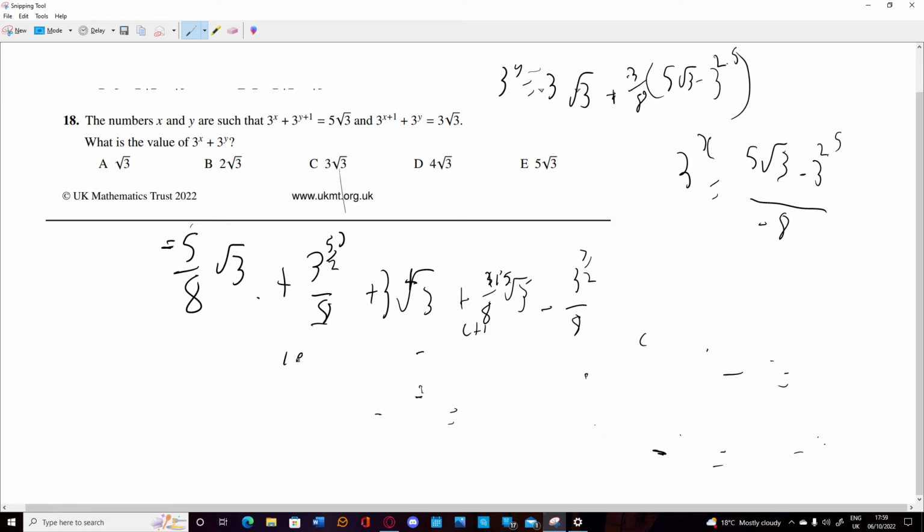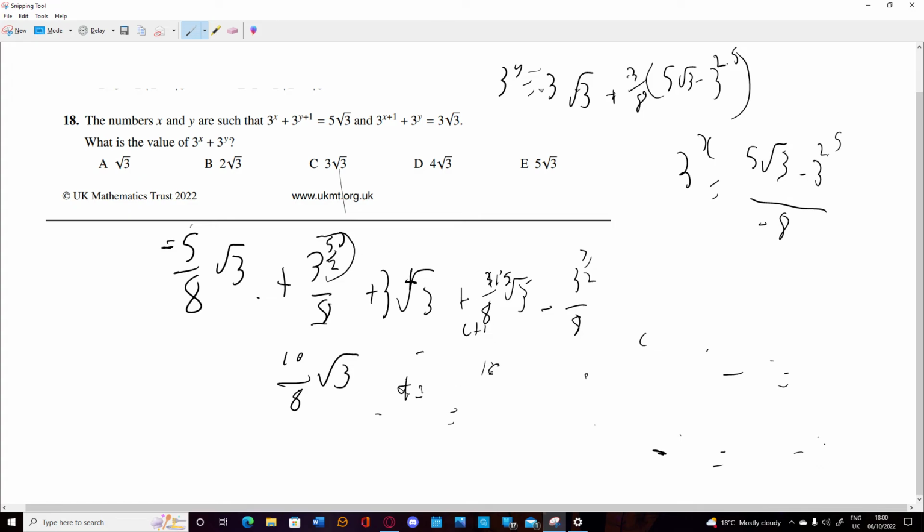So we get 10 over 8 root 3, and then we get add 3 to 5 over 2 minus 3 to 7 over 2.